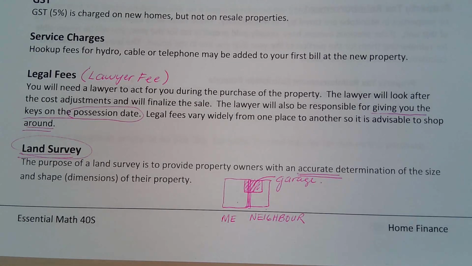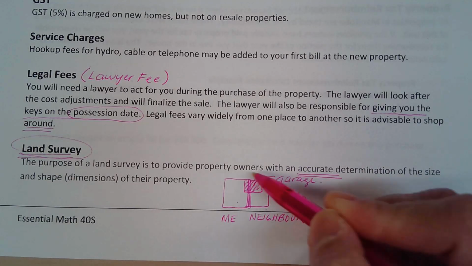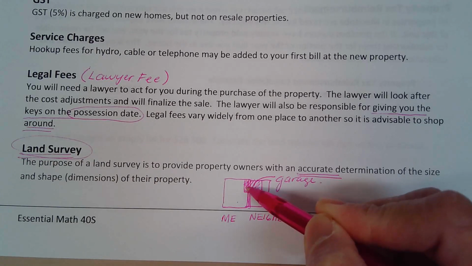So, what do you think will happen? Legal battle. You could get a legal battle, or later on, the city might say to the neighbor, yeah, actually, we did investigate.